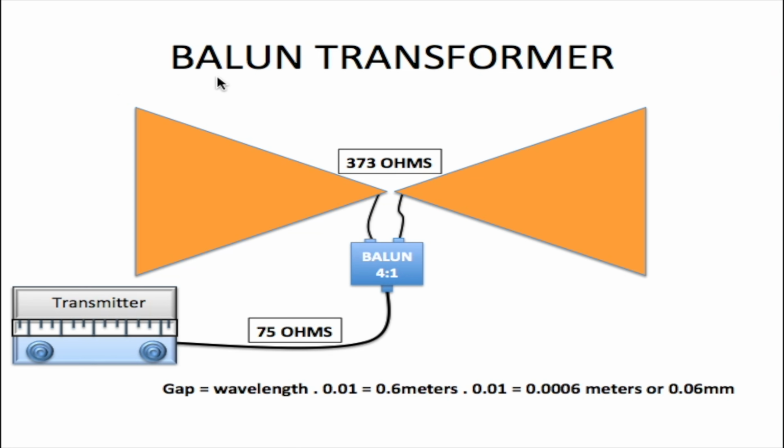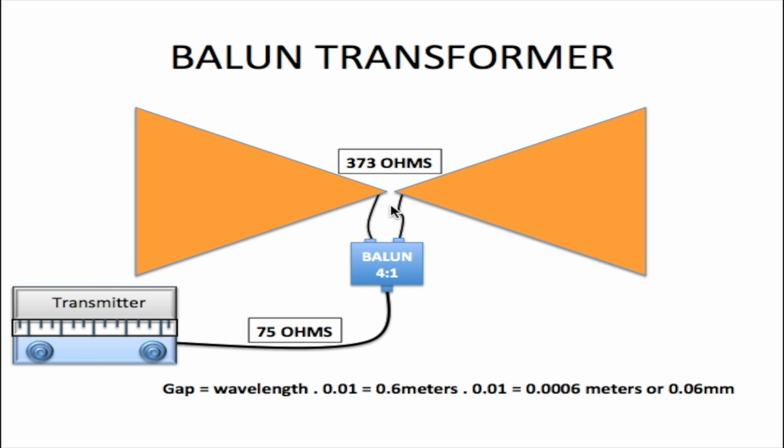Now we're going to talk about Balun transformer. Now there are two reasons why you would need a Balun transformer. Let's say your coaxial cable and your antenna's impedance was matching. They're both 75 ohms. They're not in this case, but let's say they were.